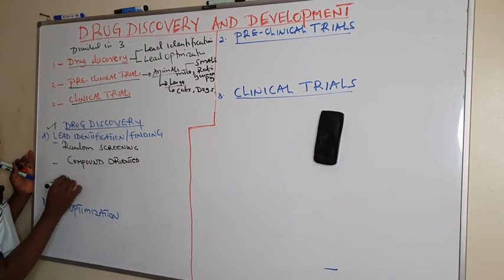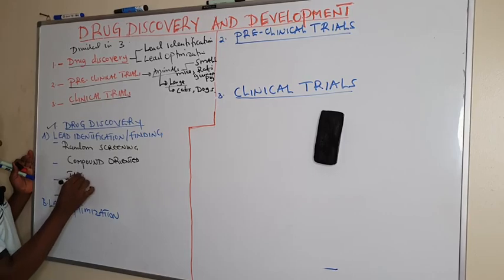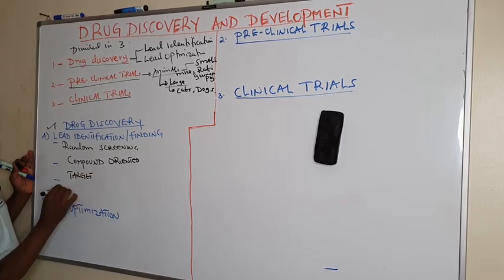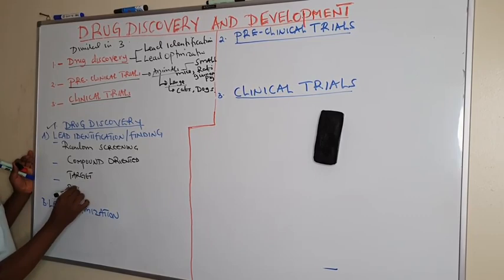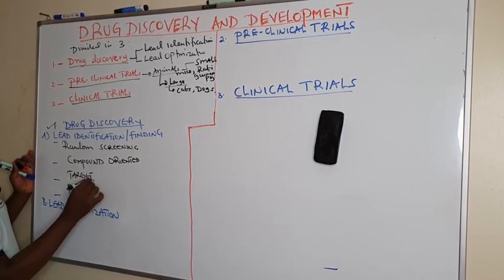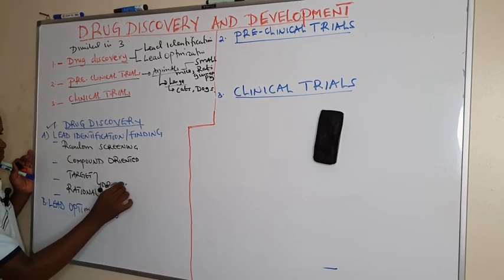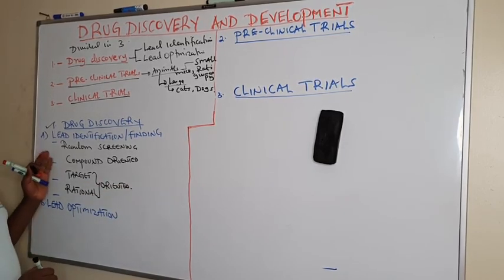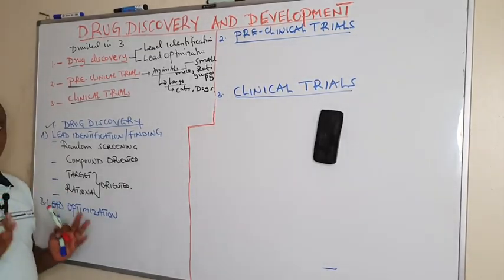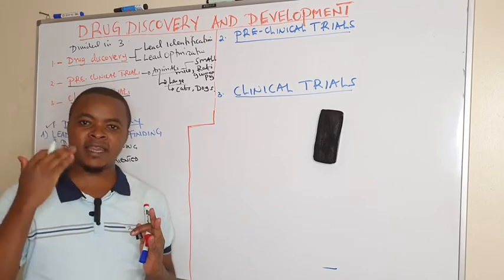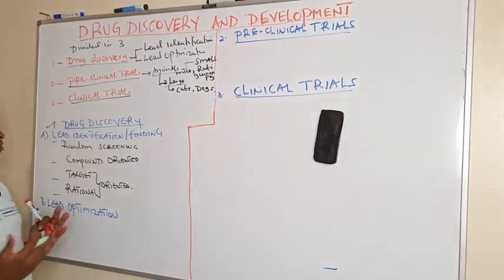Then there is what we call target oriented and rational oriented. So these are the different methodologies or ways how we can identify the lead or the candidate drug.